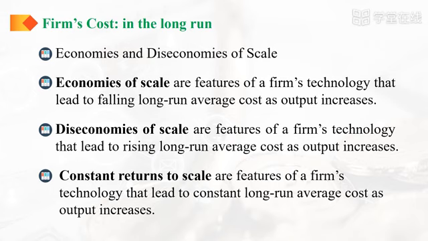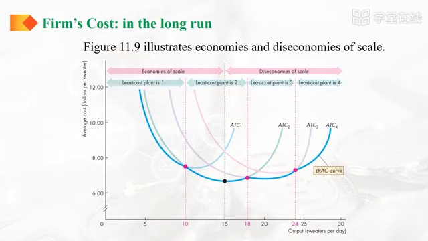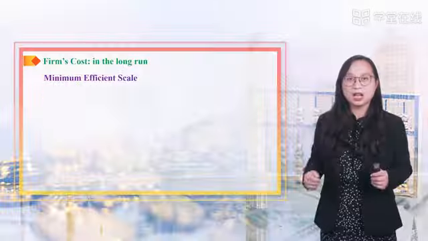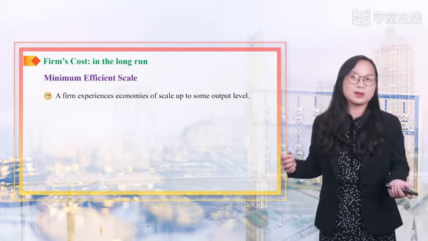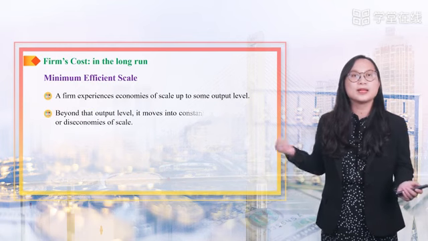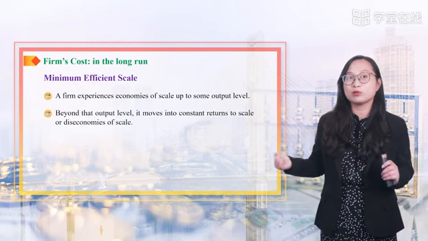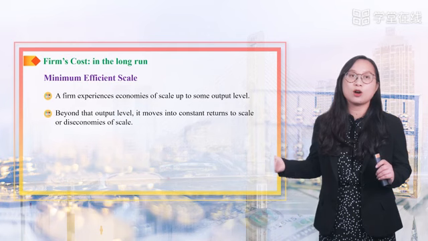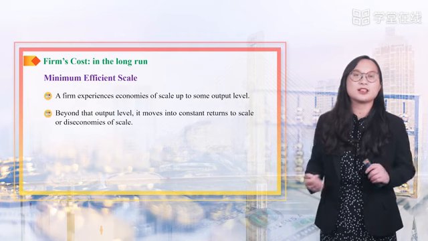Constant returns to scale are features of a firm's technology that lead to constant long-run average cost as output increases. The figure illustrates economies and diseconomies of scale. A firm experiences economies of scale up to some output level. Beyond that output level, it moves into constant returns to scale or diseconomies of scale.